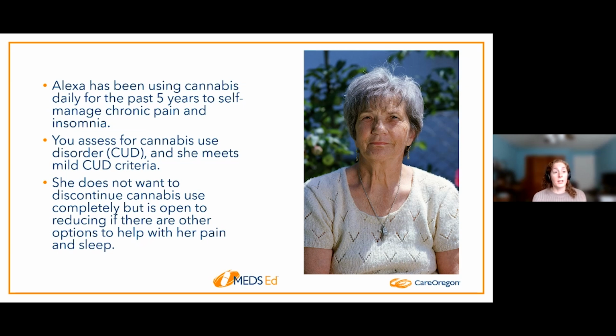She's developed tolerance, she has withdrawal when she doesn't use it, and she's started to notice that she's using more than she'd like on some days. She does not want to discontinue cannabis use completely, but she's open to reducing if there are other options to help her with pain and sleep. And so you use that as an opportunity to open the door on a conversation about a comprehensive pain management plan and other strategies for managing her insomnia.